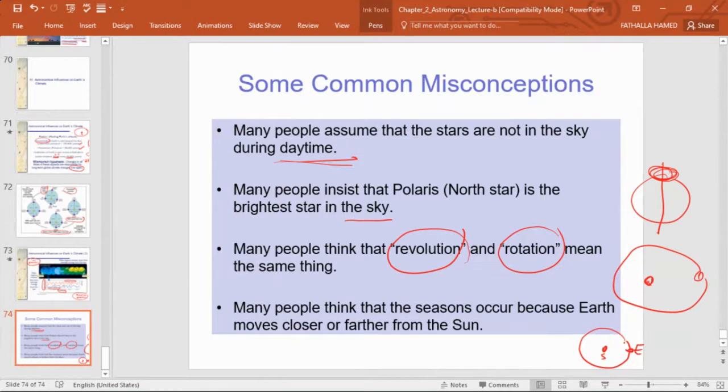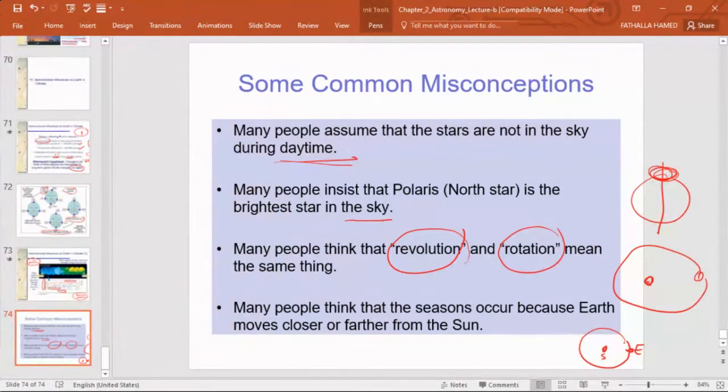So it's important, but the main reason that we see these seasons is due to the tilt of the axis, and that's why we can have two seasons at the same time on planet Earth. One is in the northern hemisphere and one is in the southern hemisphere.